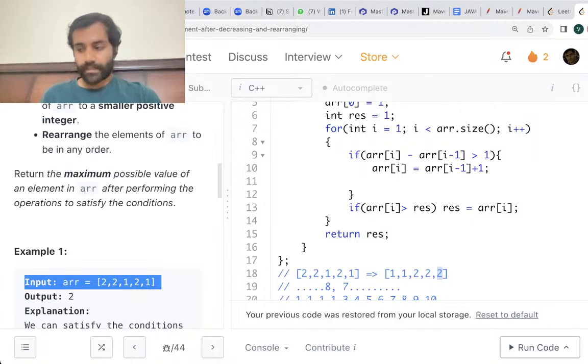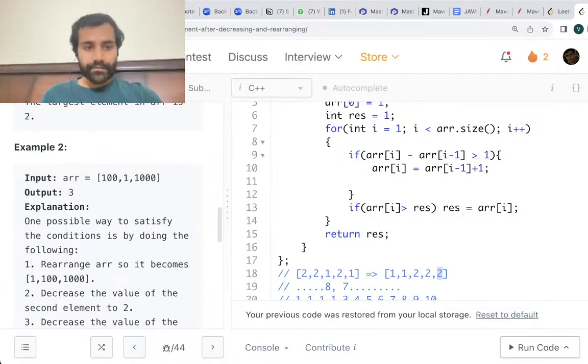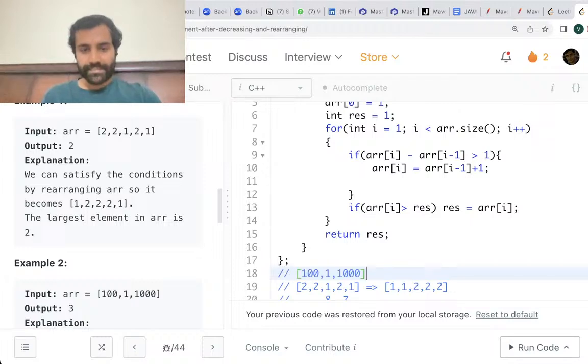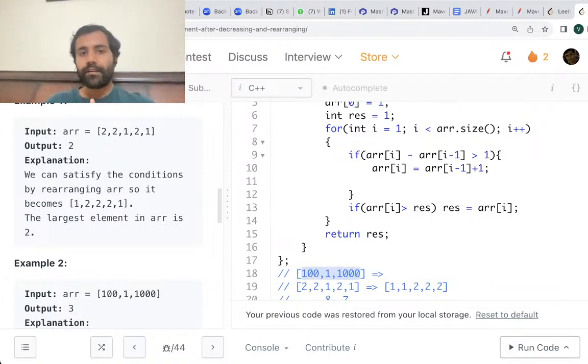Right? Okay. If you take any other example, let's say this one. Let's say you have not looked at the answer. Can you tell me what will be the answer for this case? In fact, if you have an array of size n, what is the maximum value of the answer that you can get?